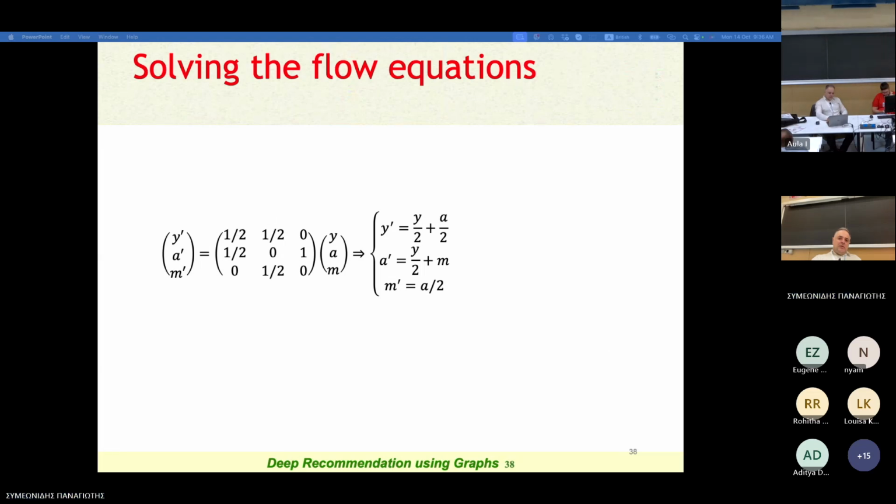So here is the column vector of the 3 web pages, Yahoo, Amazon, and Microsoft. Here is the transition probability matrix, and as you can see, it is column-wise: the values per column sum up to 1.